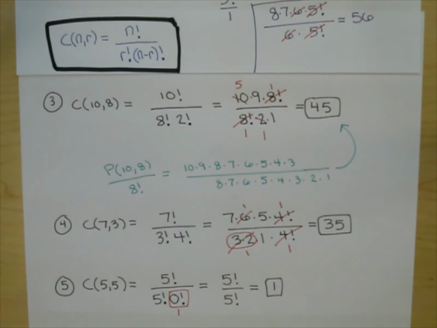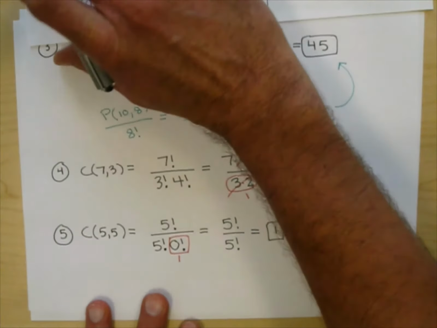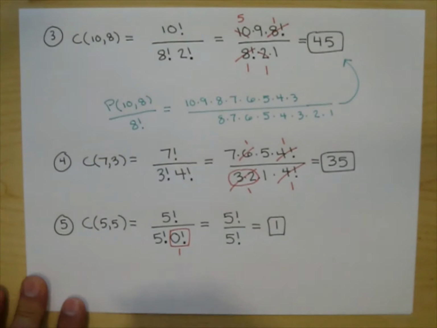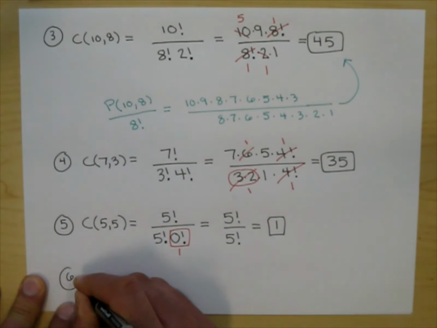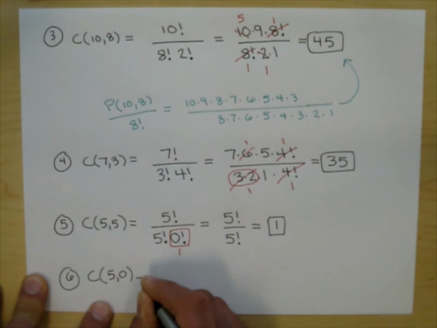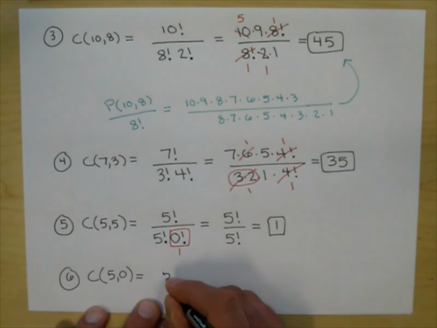Let's continue. The formula is going to go away. I'm just moving it out of range there. Here's problem 6. 5 choose 0. So what's on the top of the fraction? That 5. So we're going to go 5 factorial.